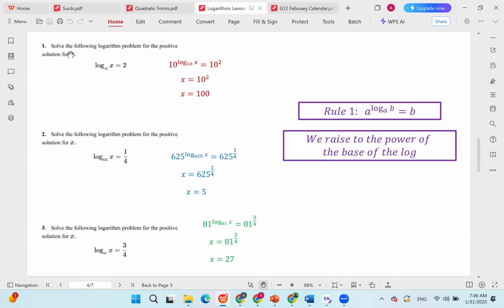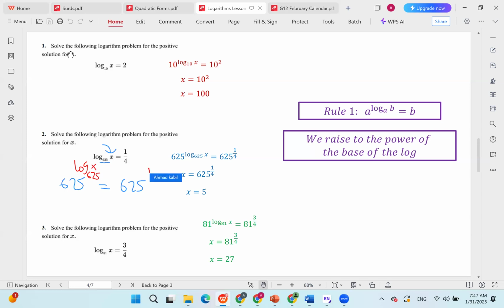Again, I want to isolate the x, and I have a logarithmic base here of 625. So to cancel this log base, I will create a new base with the same number. So I get 625 on both sides, where the first one is to the power of log base 625 of x.